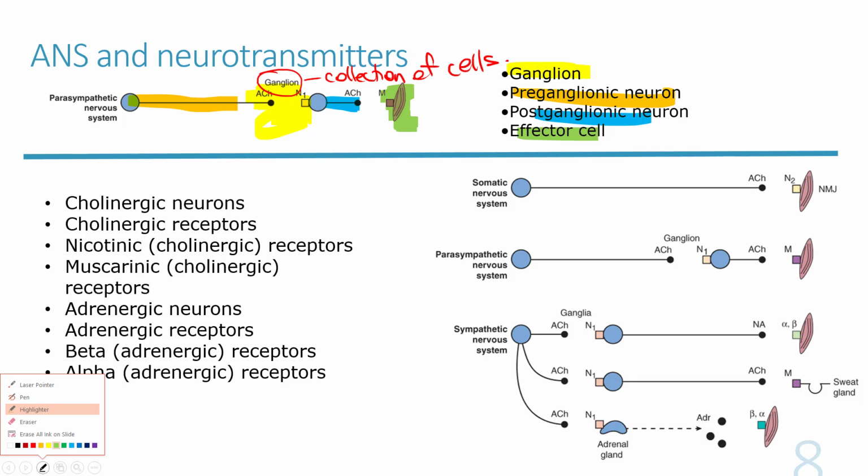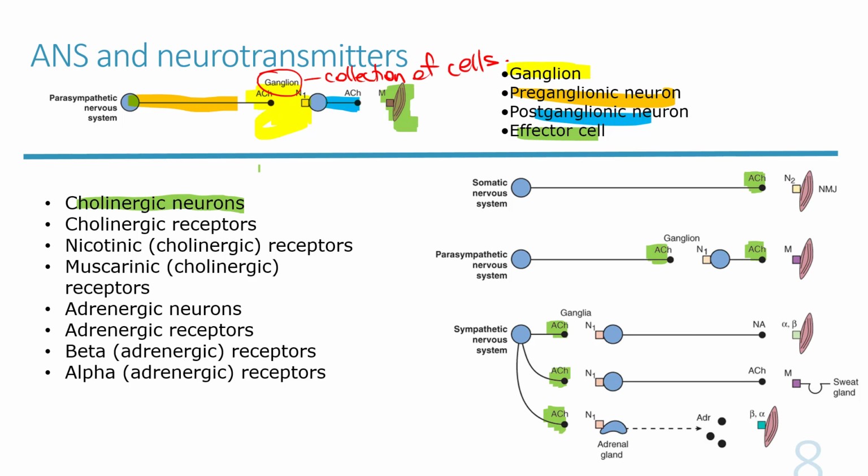Now, in the second diagram, I'm going to very quickly go through the various terminology. Cholinergic neurons are neurons that release acetylcholine. You can see there are cholinergic neurons in the somatic nervous system that control the skeletal muscle, cholinergic neurons in the parasympathetic nervous system, and cholinergic neurons also in the sympathetic nervous system in the preganglionic neurons, right?